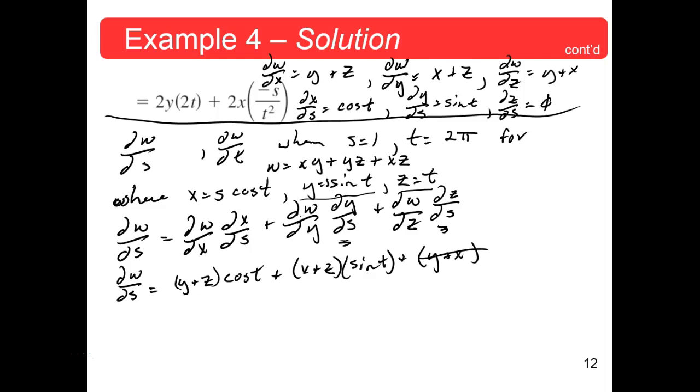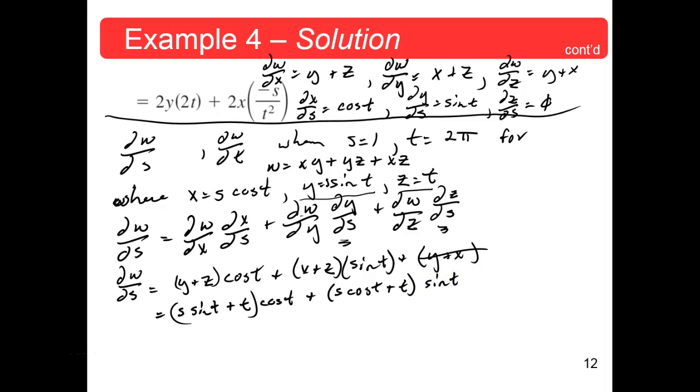So we'll go back and plug in what Y is, what Z is, and what X is in terms of S and T. So Y is S times the sine of T plus T times cosine T, plus S cosine T plus Z, which is T times sine T, and that's it.